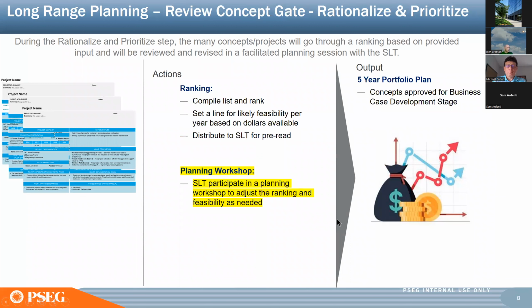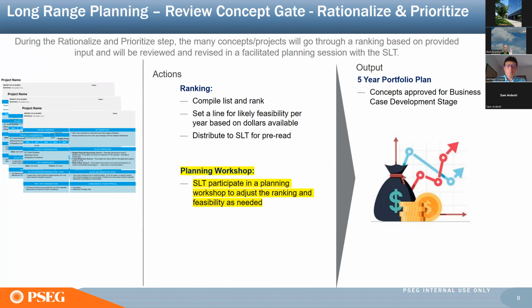Okay, so what's going to go on here? As we collect all these roadmaps and other inputs, for this year we're going to build a giant spreadsheet. We're going to compile this list and rank it with the dollars, slice and dice it by year. There's a timeline I'll get to shortly where the SLT will rank and stack it.